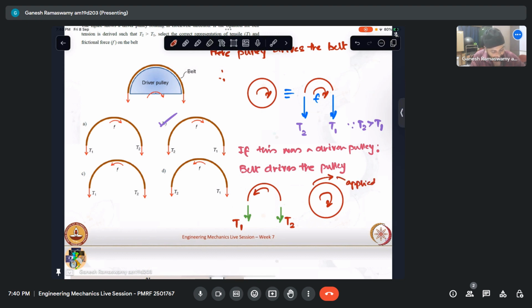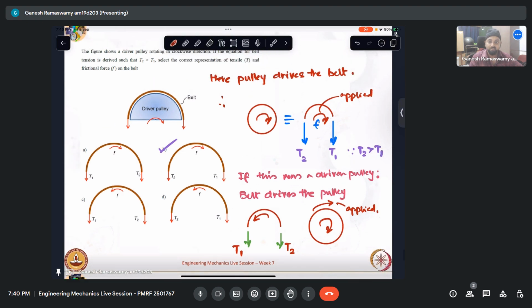And in this case, this is applied. So based on this, we can gauge in which direction we would be having frictional forces in case of a driven pulley, a driving pulley, and a brake band, as we saw.